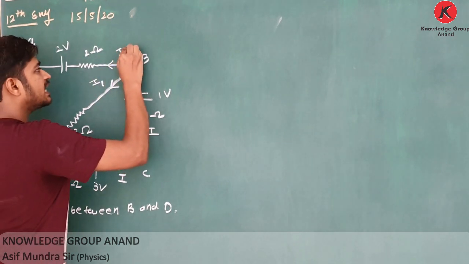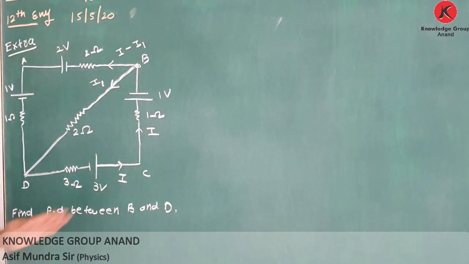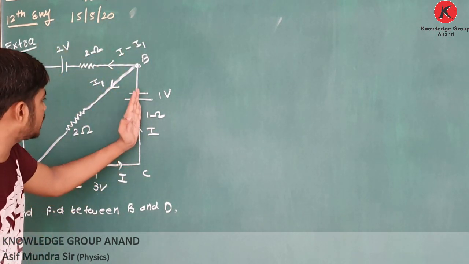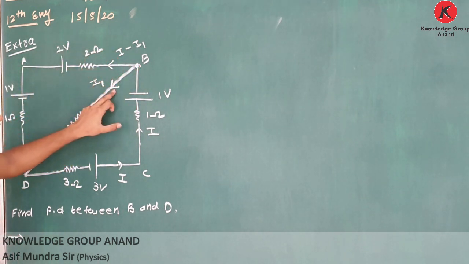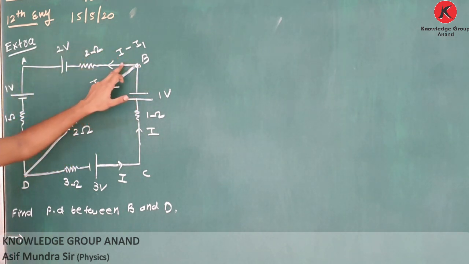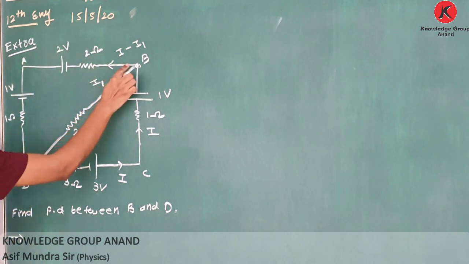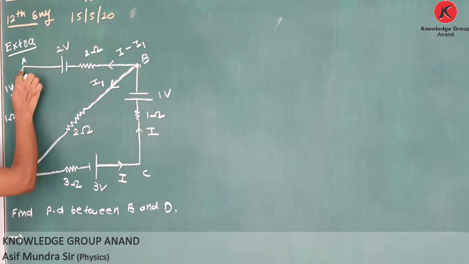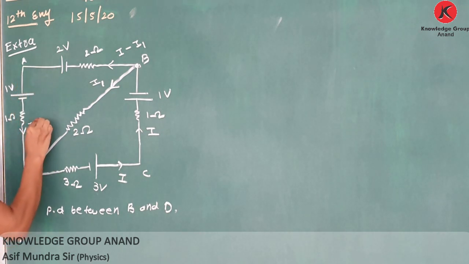It is I minus I1. Clear about this? Total current at this point is I. At point B, it is divided into branches. Let the current flowing in this one be I1, so the current in this branch is I minus I1.